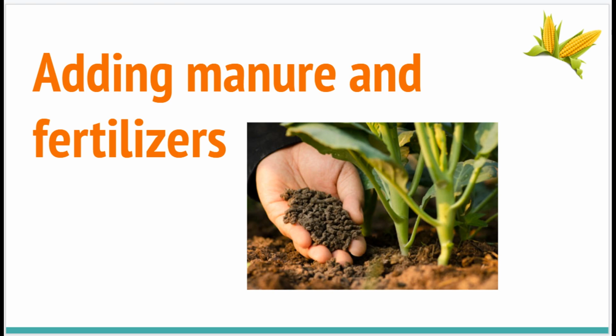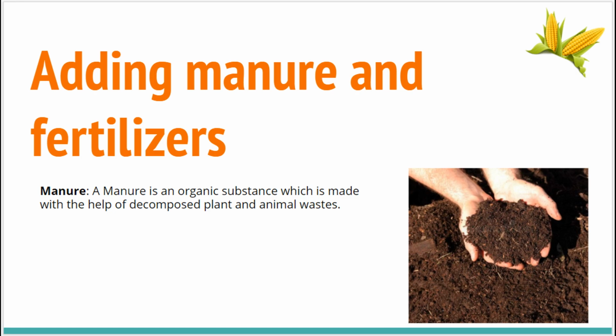The simple process of enriching the soil with minerals is manuring it. A manure is an organic substance which is made with the help of decomposing some plant or animal wastes. Plant wastes are like the whole body of the plant, or vegetable peels and fruit peels obtained from the kitchen, or animal wastes like cow dung or any other dung from animals.